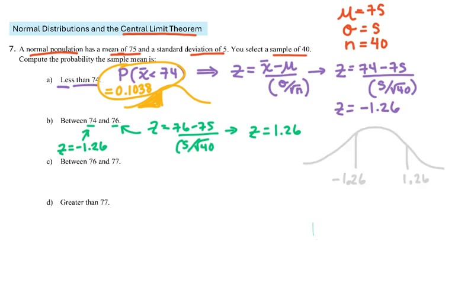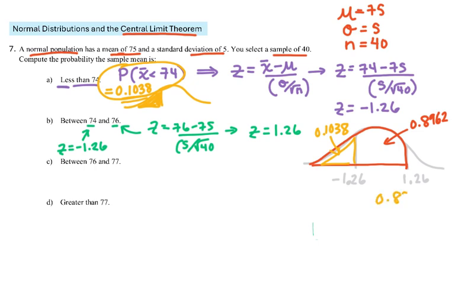0.8962. So basically the picture we have here correlates with 0.8962, but we already know that here, from the previous question, correlates with 0.1038, so we will subtract 0.8962 minus 0.1038, and we will get the space in between, which is 0.7924.